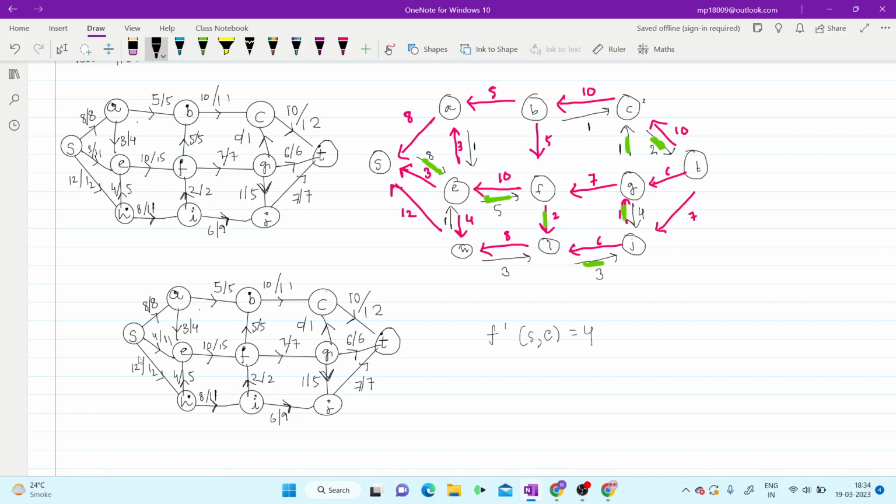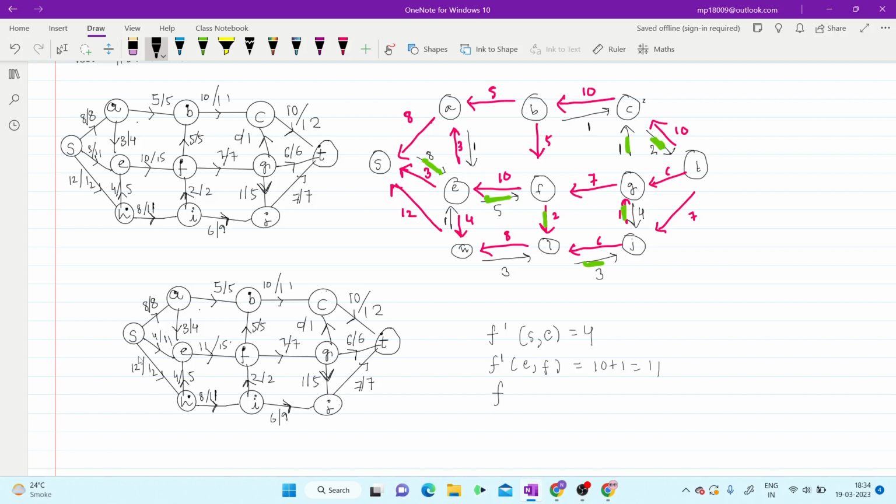The next edge in the path is EF. It is also in the forward direction, so 10 plus 1, 11. So this is 11 out of 15. Now the next edge is in the reverse direction.